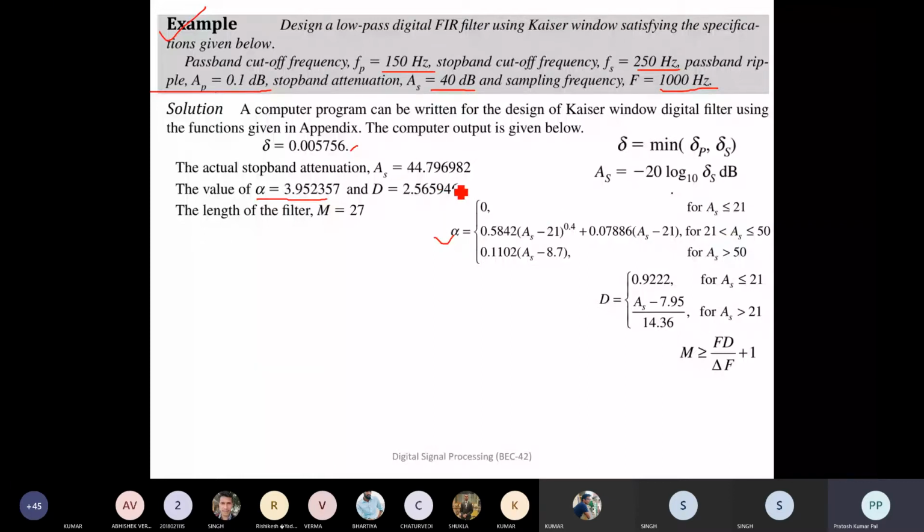As the AS value is coming out to be 44.79, it comes under this range, so this is the formula we should be using. By putting in the AS value, we find the alpha, and that is coming out to be 3.95.